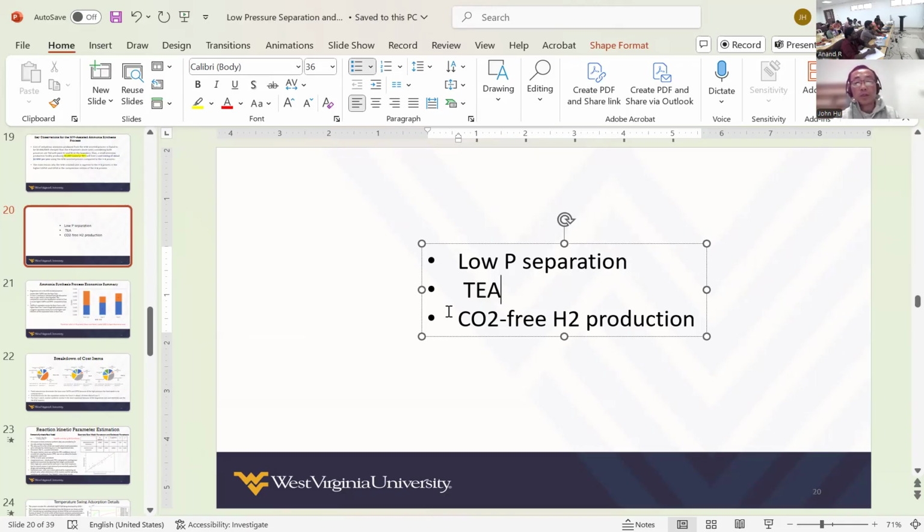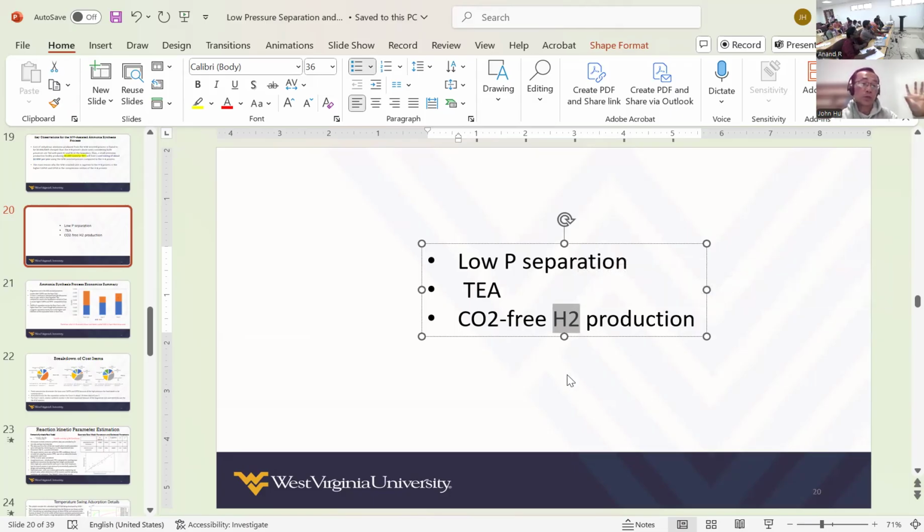I think the next 2 sessions today, we are going to talk about CO2-free hydrogen production. Remember, ammonia production is all about hydrogen. It doesn't matter whether you start from coal, biomass, or natural gas, you have to produce hydrogen. Even with renewable power, you have to do electrolysis.